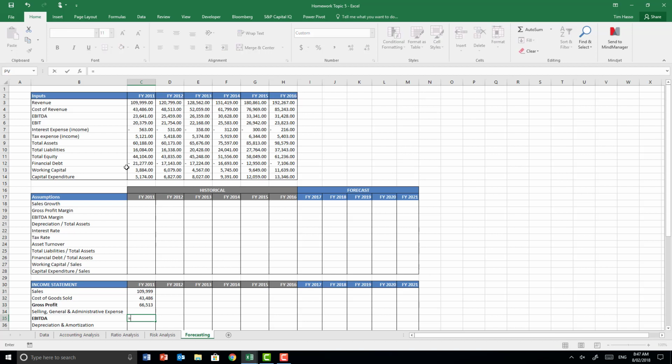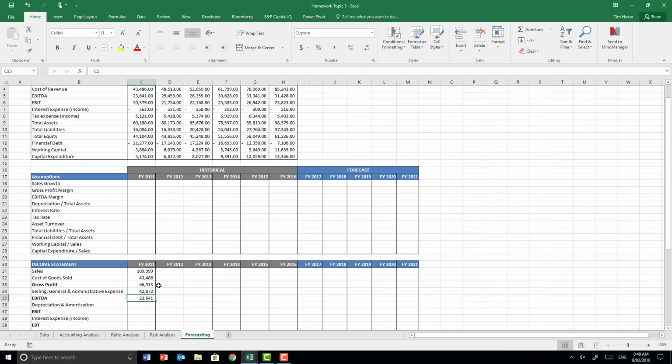To figure out the SG&A, it's the difference between the gross profit and the EBITDA. So first we reference the EBITDA from cell C5, and then the SG&A expenses will be the difference between the gross profit and the EBITDA, so C33 minus C35.